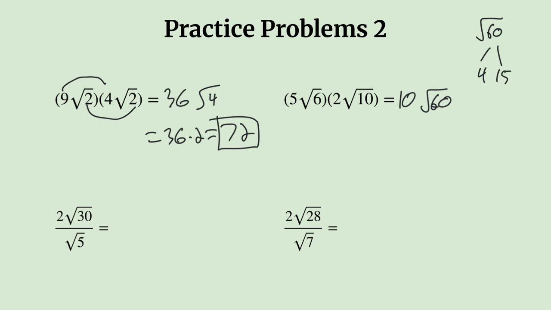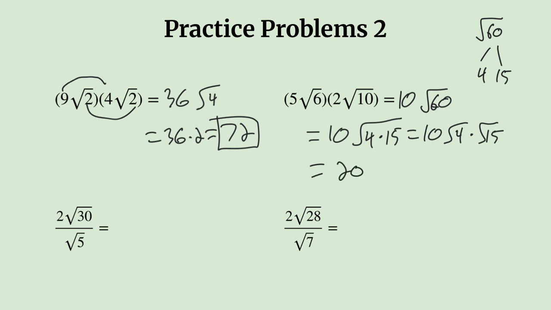So that means I'm going to rewrite the square root of 60 as the square root of 4 times the square root of 15. This is a whole longer process than I normally do. Then you can split that up into 2 multiplication parts. And then the square root of 4 is 2, and 2 times 10 is 20.